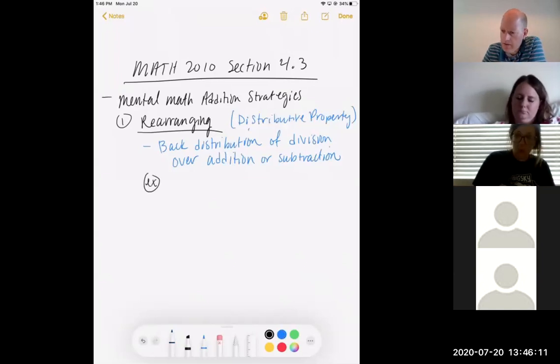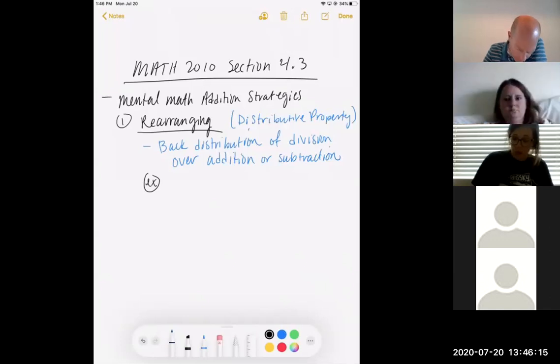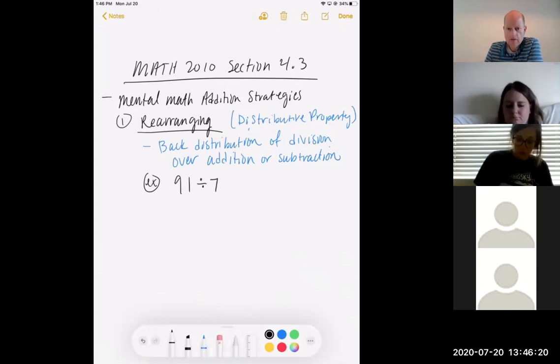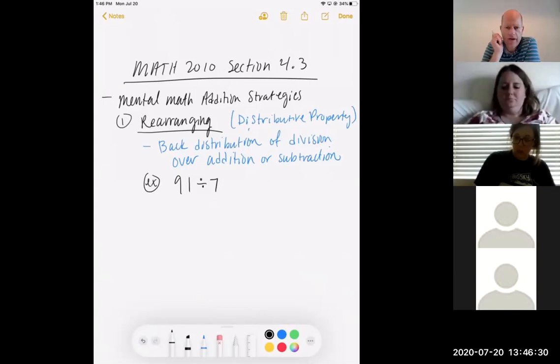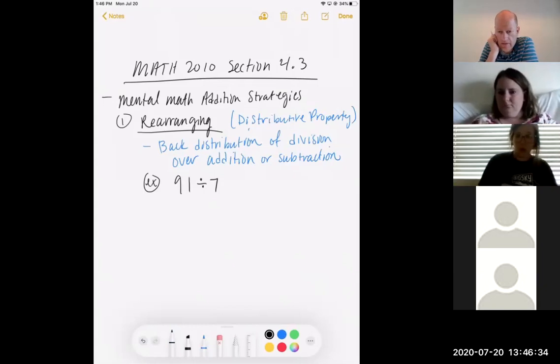So we're going to do an example of 91 divided by 7. Okay, so we want to divide 91 by 7. With this method, we break up the 91 into a sum or difference of two numbers and divide each by 7. So what are some initial thoughts about what I can break up 91 into to make the division by 7 easy?